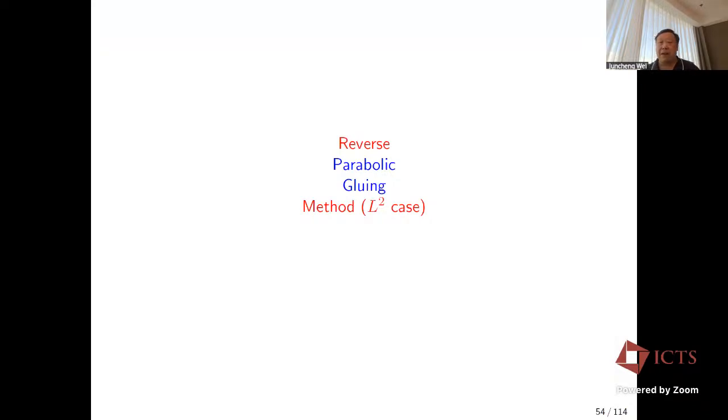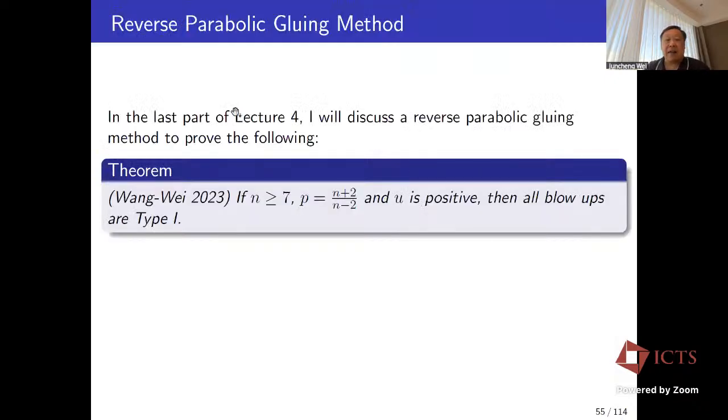In the remaining part, I will discuss the application of the parabolic Gaussian in analyzing the blowup solution. I call this the reverse parabolic Gaussian, and it only works in L2.